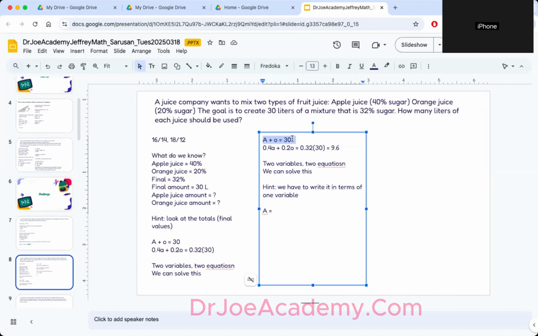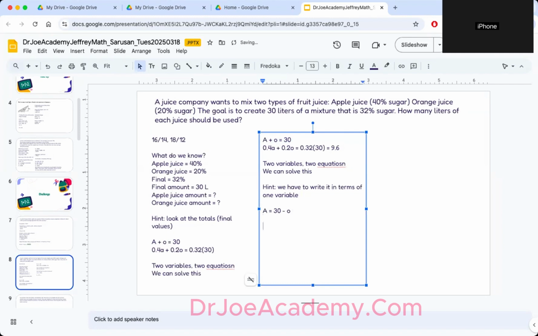If I'm going to have A isolated all by itself, what is on the other side of the equation? Couldn't it be 30 minus O? Perfect. 30 minus O is absolutely correct.